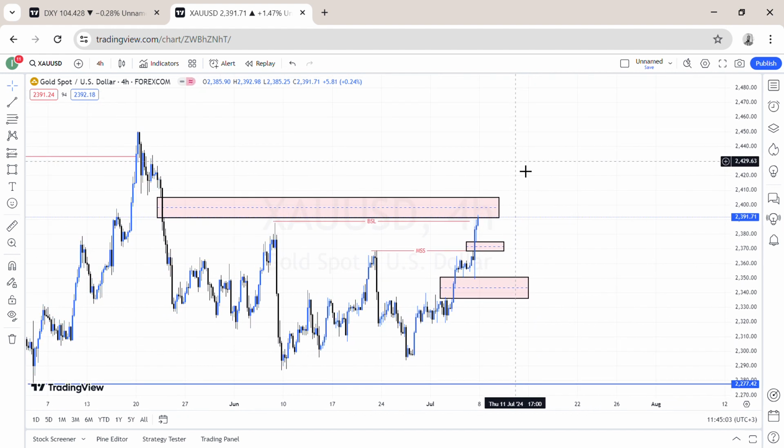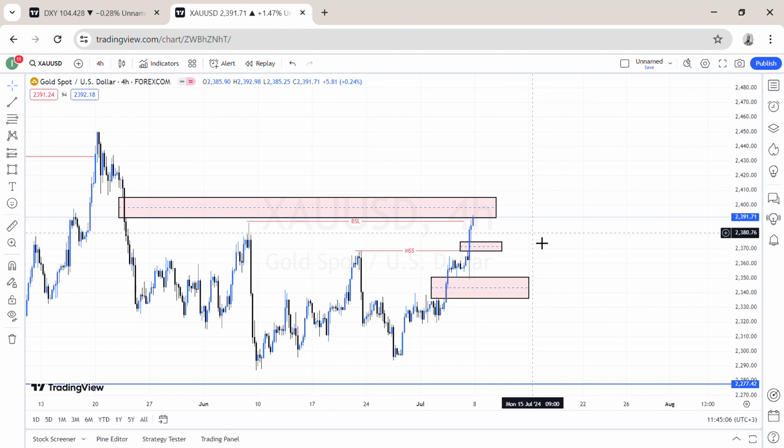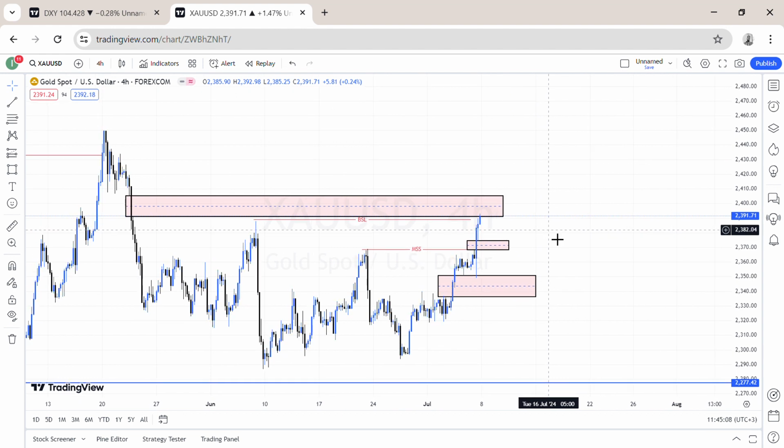I'm an ICT trader, and so my trading strategy revolves around order blocks, fair value gaps, liquidity voids, swing highs and swing lows, and things of that sort.